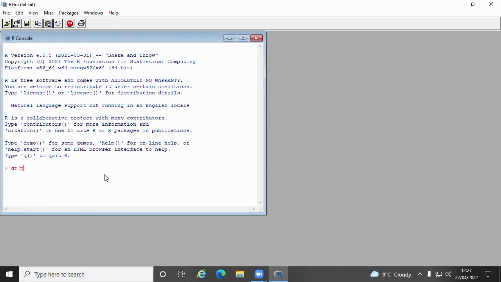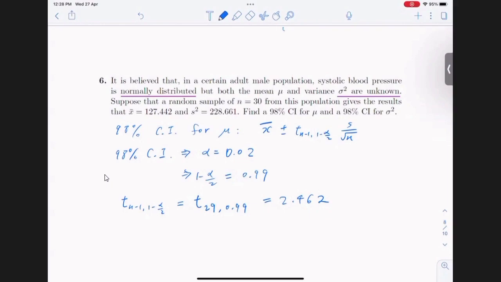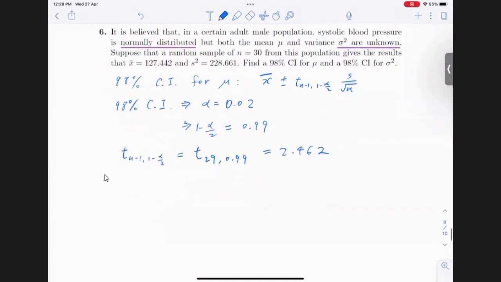You need to provide the value of P, which is 0.99, and the degrees of freedom, 29. Then you can easily obtain this table value, 2.642. Of course, you are also recommended to try to use the table so that you can get familiar with how we can use the table to obtain this number.